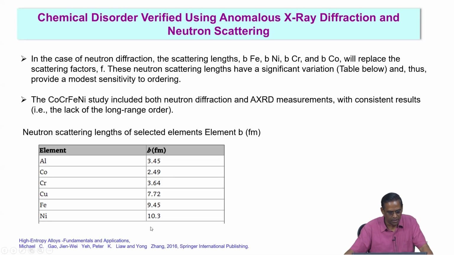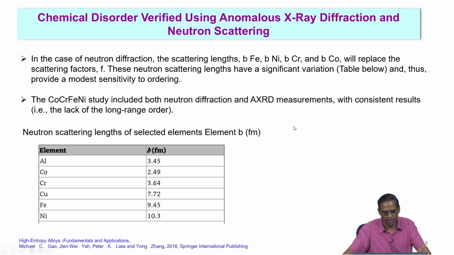Definitely, when you have this kind of variation, it will provide a modest sensitivity to ordering. So, the study of this alloy, with both neutron diffraction and XRD measurements giving consistent results, shows that the alloy lacks long range order.